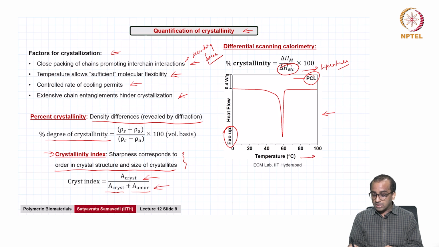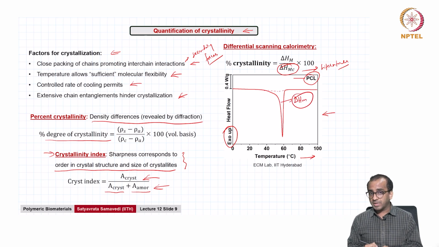And notice here that you are heating the sample, and as PCL is semi-crystalline, it can undergo melting at around 60 degrees. So, you see that there is somewhat of a sharp peak at around 60, but it is also not extremely sharp as you would expect for very small molecules. And the area under this can be used to obtain information about delta Hm or the melting enthalpy.